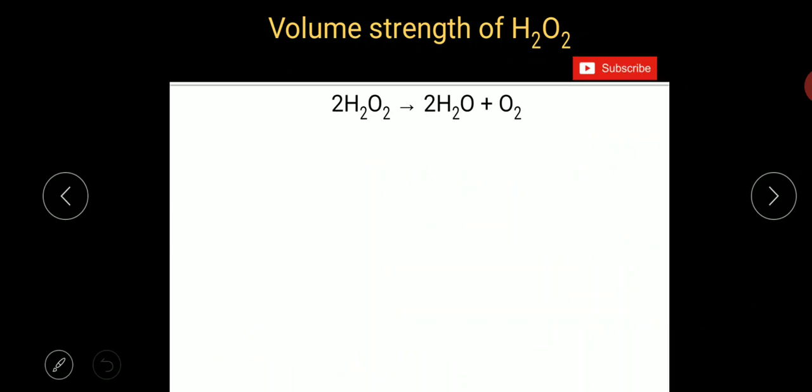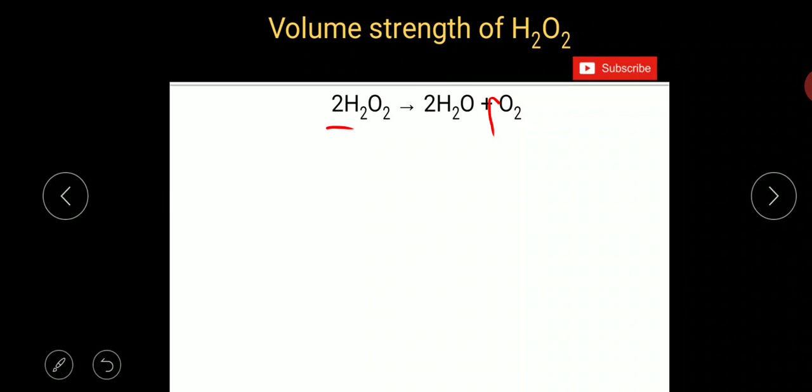Let us see how to find out volume strength of hydrogen peroxide. This is the balanced equation for the decomposition of hydrogen peroxide, and as per this equation 2 moles of hydrogen peroxide decompose to give 1 mole of oxygen gas.